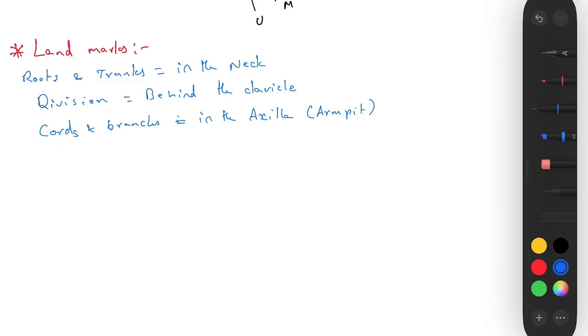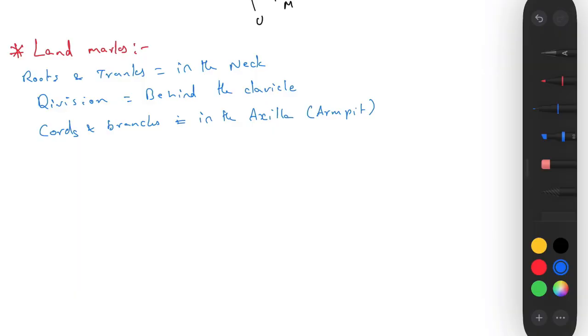The axillary nerve's main function is helping shoulder abduction because it innervates the deltoid muscle, and it also innervates teres minor, and gives sensation of the deltoid. Musculocutaneous, mostly we can see elbow flexion, because it innervates biceps and brachialis, the anterior arm muscles.